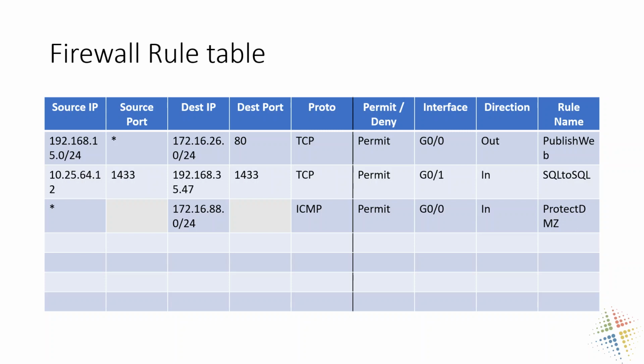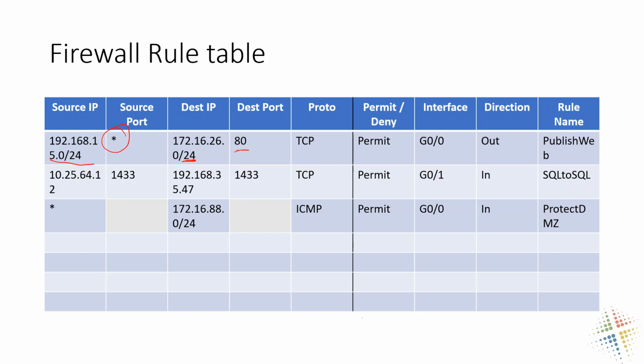We have a firewall rule table, or what's called an access list, or ACL table. And we can see, perhaps, that an entire /24 network is being allowed. Source port star is my way of saying any or all. Destination, here again, another /24 or entire network, with the destination of port 80.